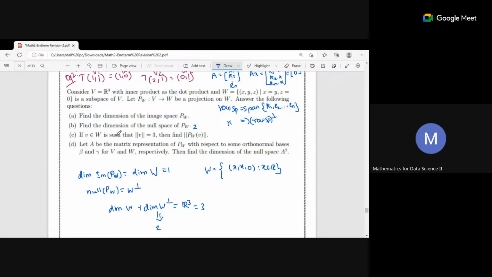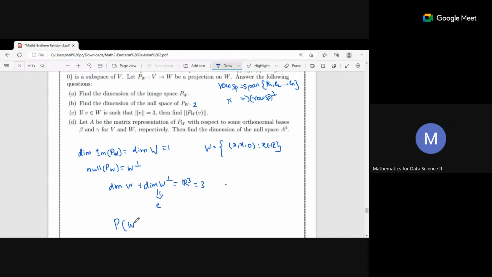If V belongs to W is such that norm V is equal to 3, then find norm of PWV. For any V in W, what is PV? That is V only. So norm of PWV is the same as norm V, which is 3.